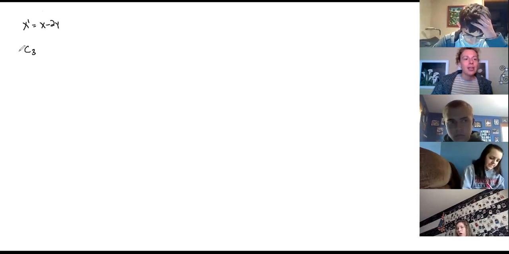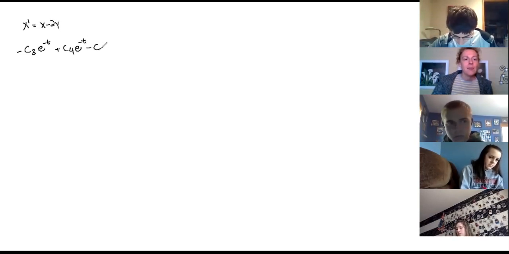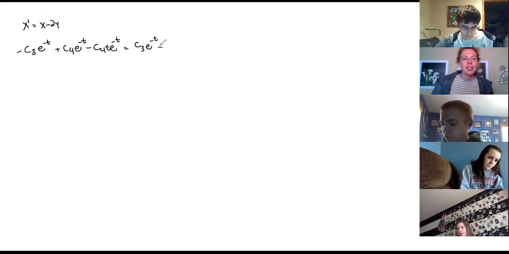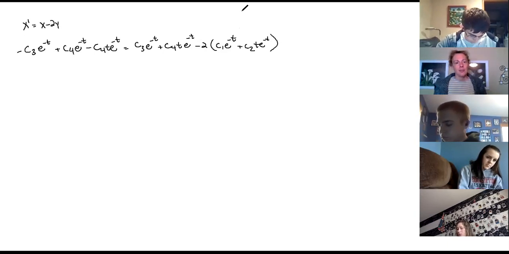So negative c3 e to the negative t, plus c4 e to the negative t, minus c4t e to the negative t, equals c3 e to the negative t plus c4t e to the negative t minus 2 c1 e to the negative t plus c2t e to the negative t.